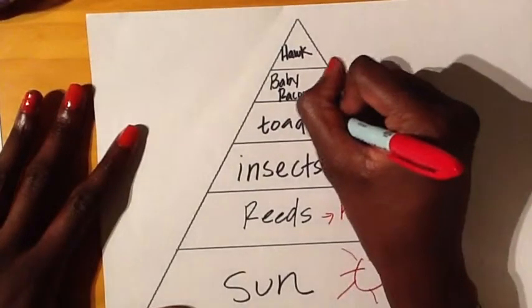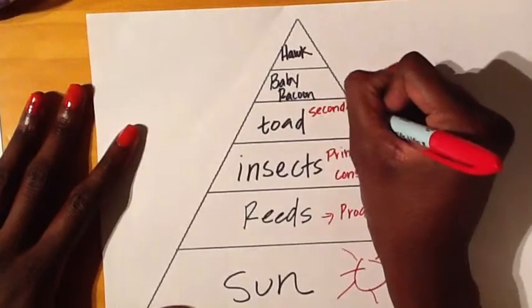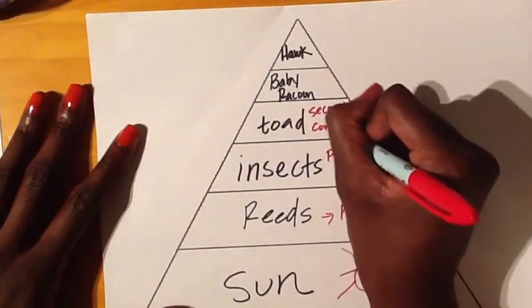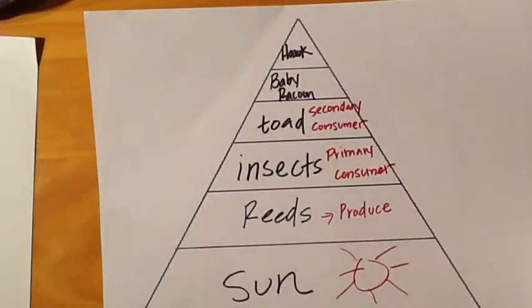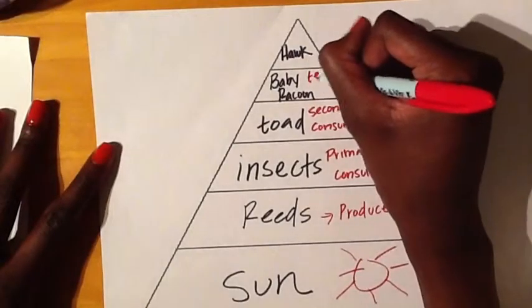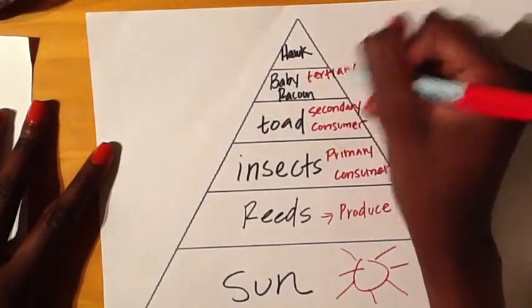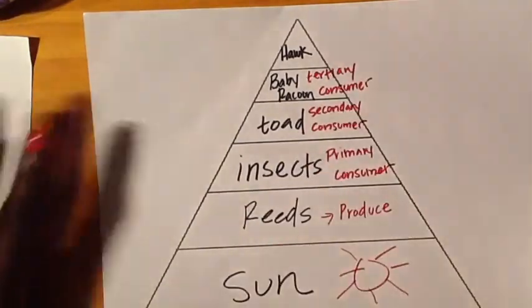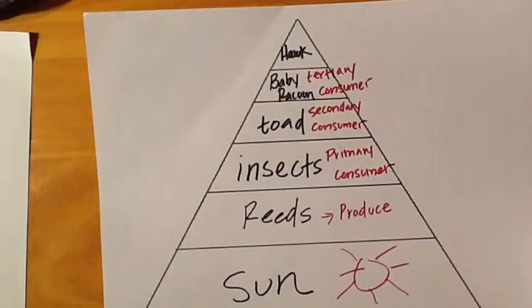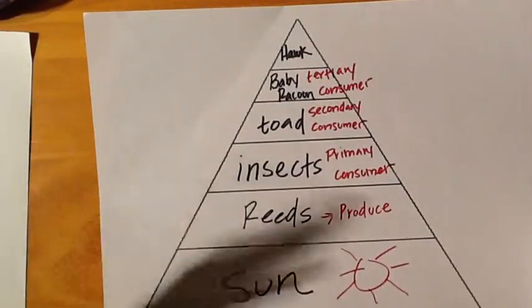So we're going to put secondary consumer. Now, hopefully you guessed it from here, our baby raccoon is going to be our tertiary consumer. And our hawk is going to be our quaternary consumer.